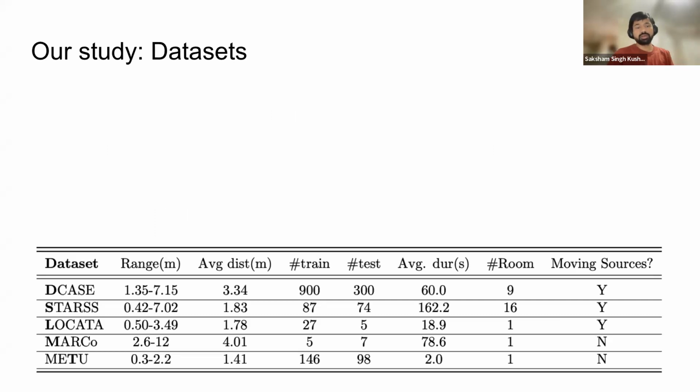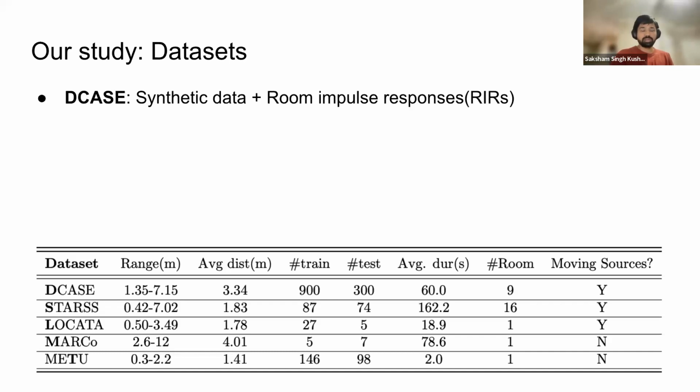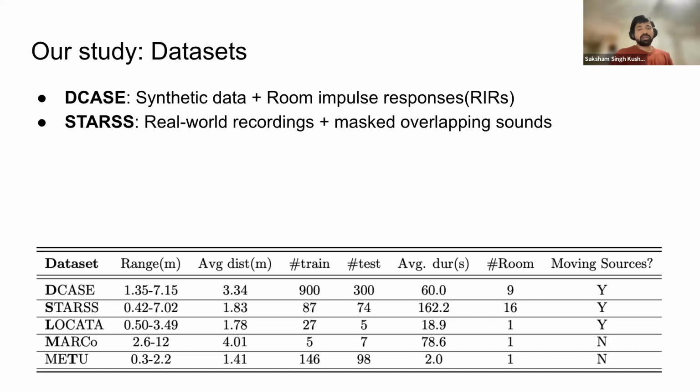We have used 5 datasets consisting of eigenmic recordings with moving sources and diverse acoustic settings. Precisely, we use DECAYS, a generated dataset, generated using room impulse responses and is largest in our study.